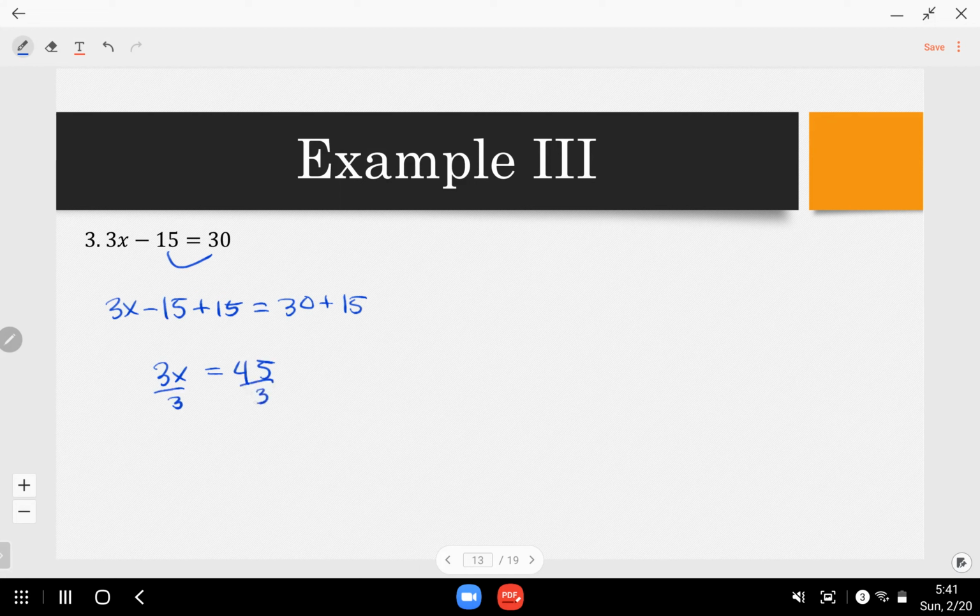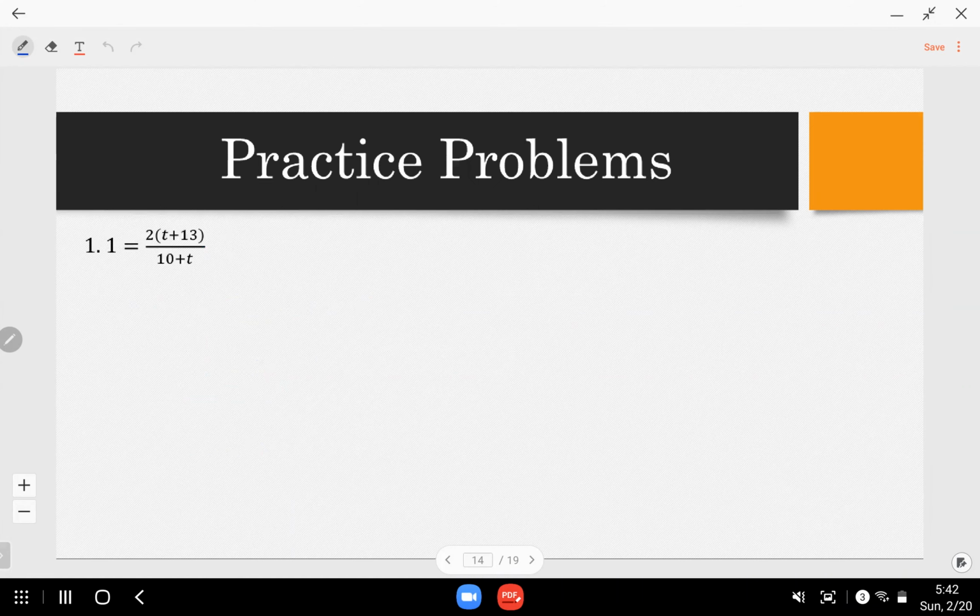You're multiplying x by 3 and then dividing x by 3, then it cancels out. So you get x is equal to 45 over 3, which is 15. Pretty easy stuff. Now let's go on to our practice problems. Make sure to implement these inverse operations.